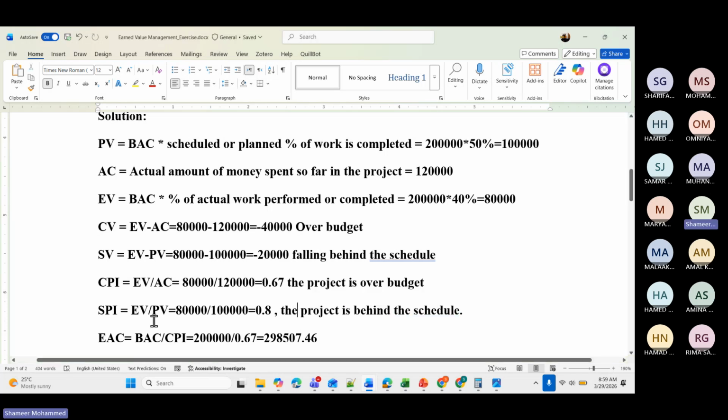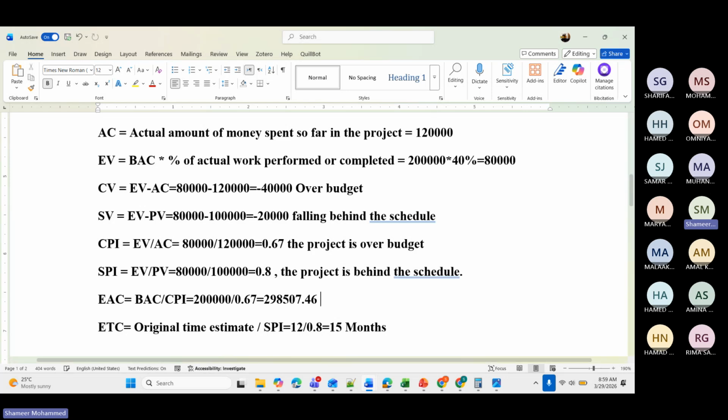Estimated completion, this many real. This one is Omani real. And this is the time, months. So this is the performance of your project.